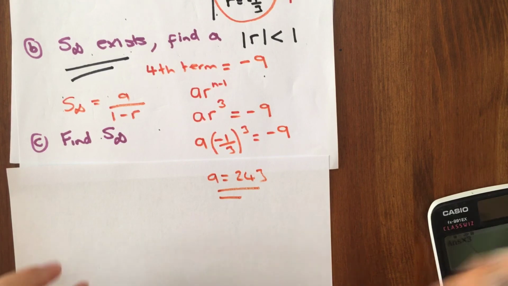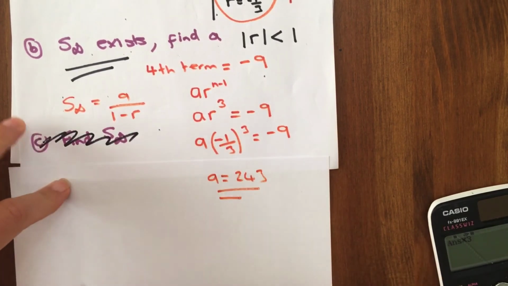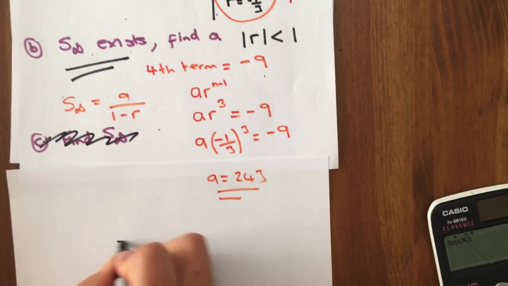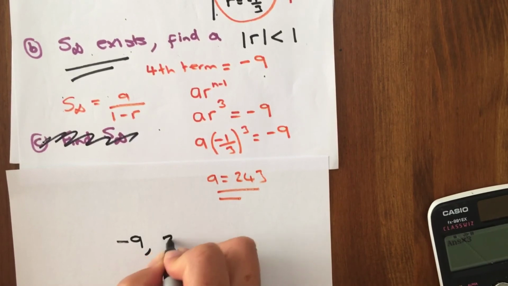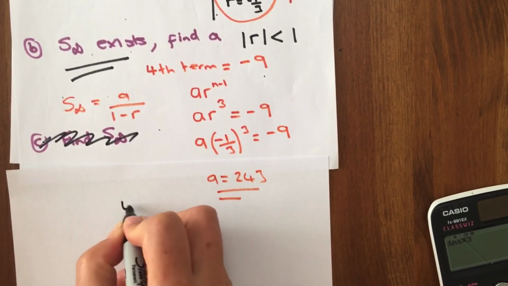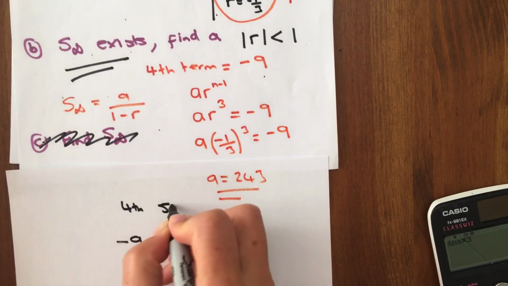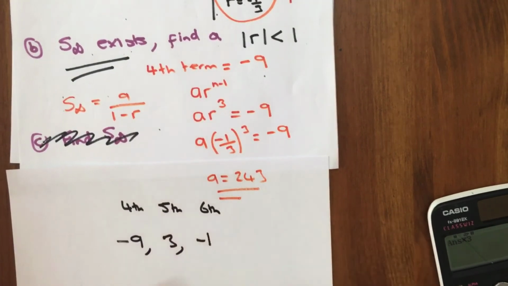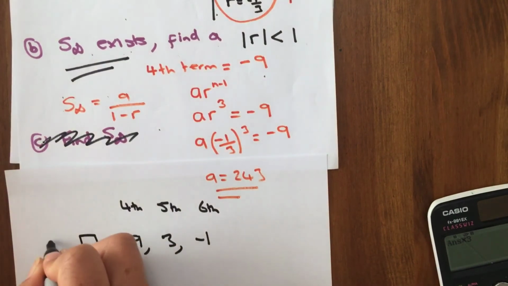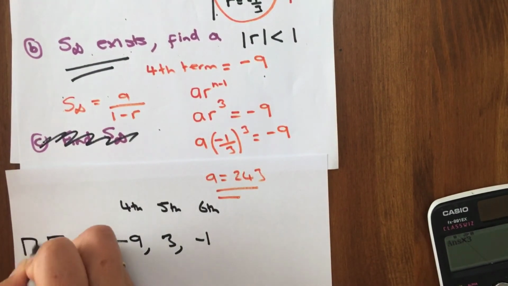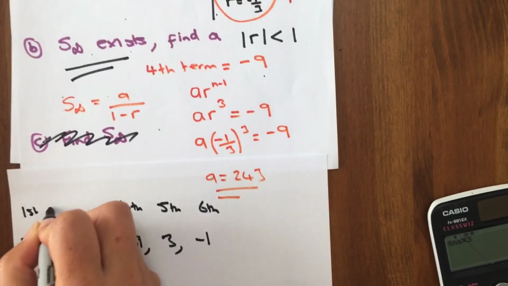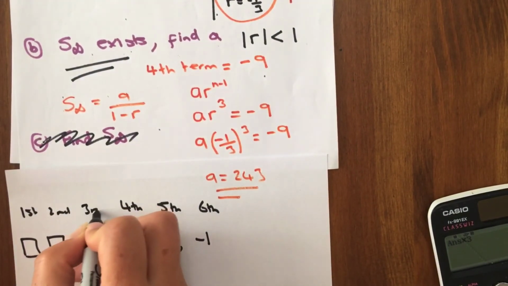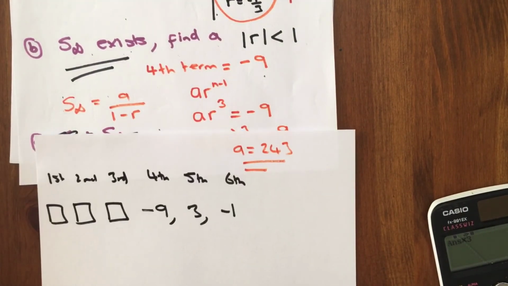The easier way, I'll find the sum to infinity in a second. I've got these terms already. This is the fourth term, fifth term, and sixth term. So to go back, I could just go back third term, second term, first term. I could just go back to find my first term.